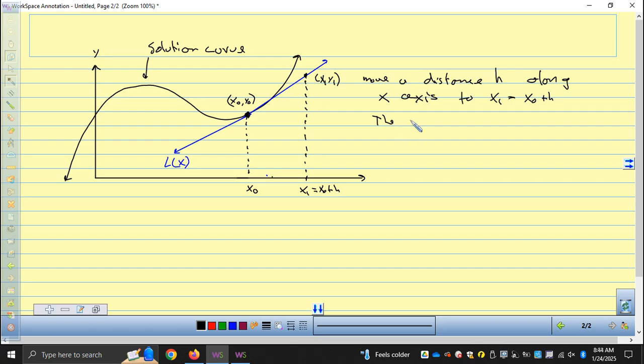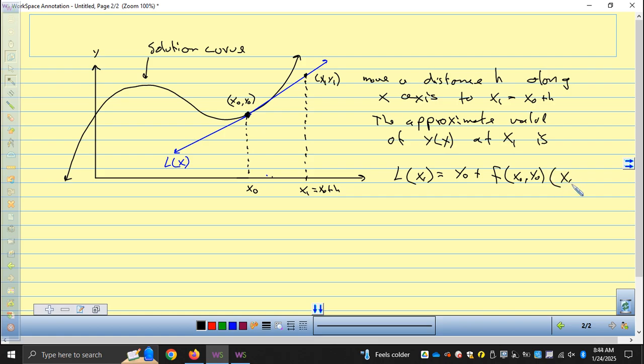So the approximate value of our function at x1 is L of x1, which is y0 plus the slope times x0 plus h minus x0. This is my new x value. This is where we started.